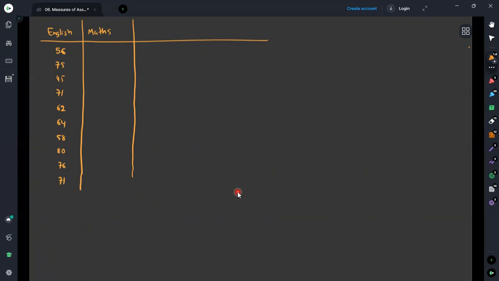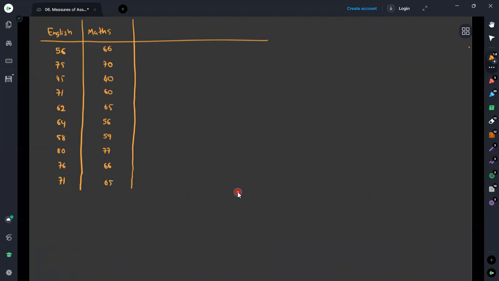Then the marks obtained for mathematics: for student 1 it is 66, student 2 it is 70, student 3 it is 40, and likewise 60, 65, 56, 59, 77, 66, and 65.